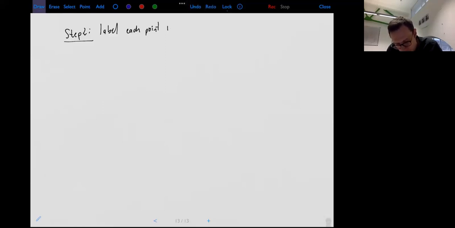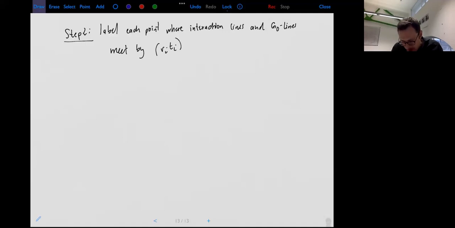So we label each point by a position and a time.